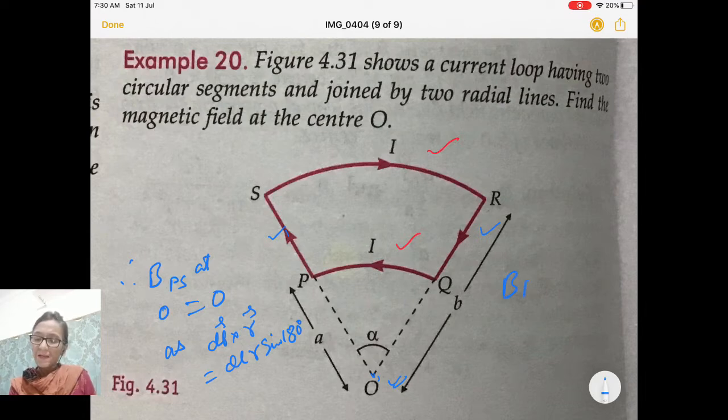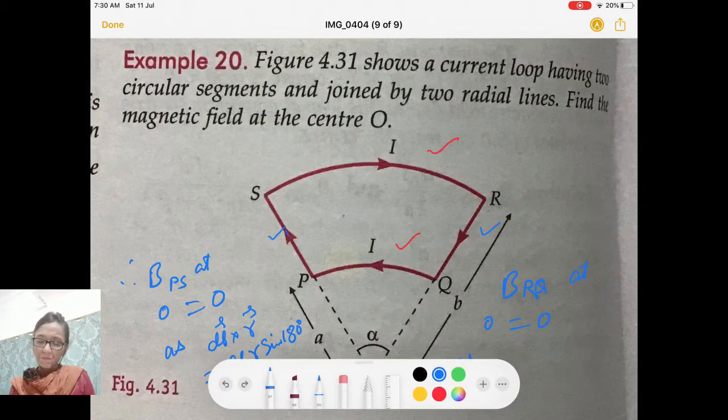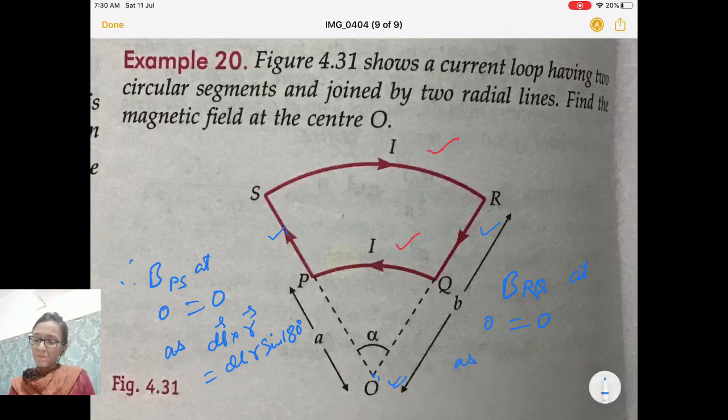Now B due to RQ at O is equal to 0, as dl cross R. dl means the length element. If you multiply the length element with current, it will become the current element.